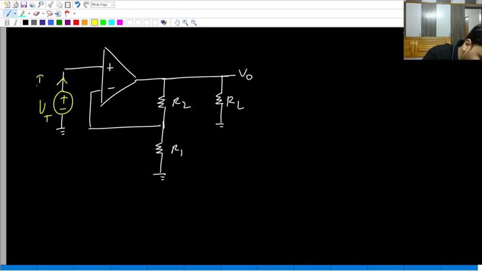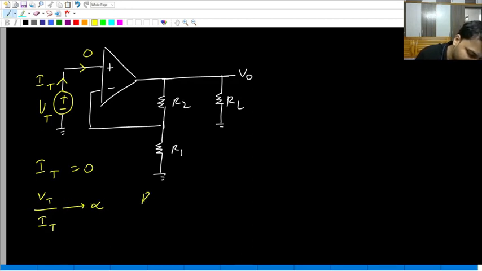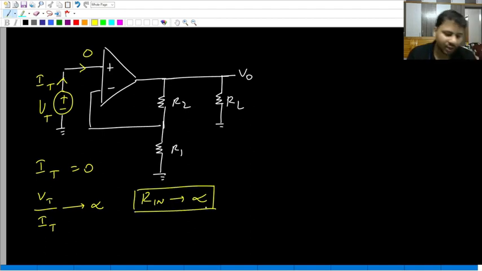Let the current flowing out of the plus terminal be some It. What is this current? Because the op amp is ideal, this current is 0, which means It is 0. If It is 0, whatever be the value of Vt that you apply, Vt by It will tend to infinity. Anything by 0 is infinity. So what is the input resistance of the non-inverting amplifier? It is infinity. Okay.